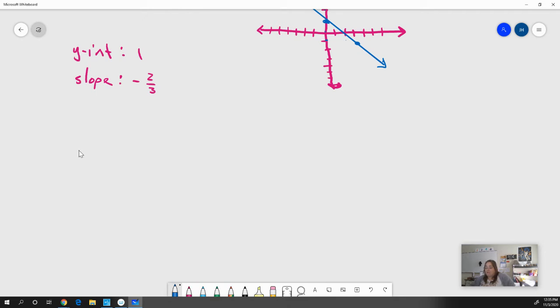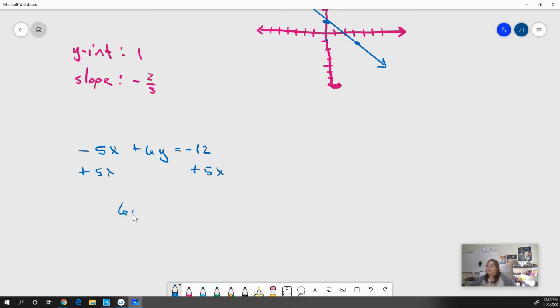So if I have, say, minus 5x plus 6y equals negative 12, just write it in slope-intercept form. Solve for y, because that's all you have to do to write something in slope-intercept form is to solve for y. So I'm going to start by adding 5x to both sides, plus 5x.